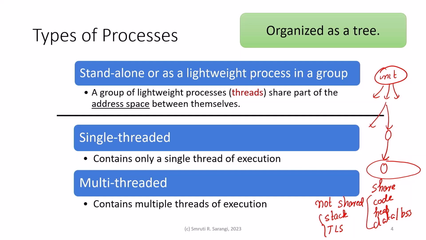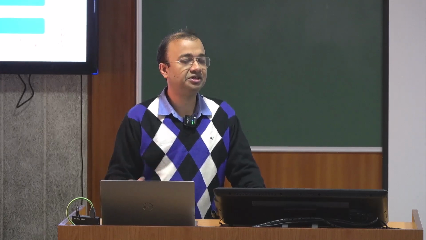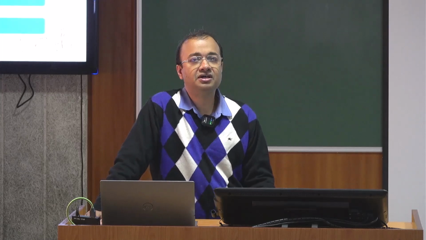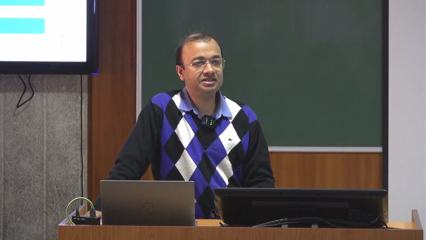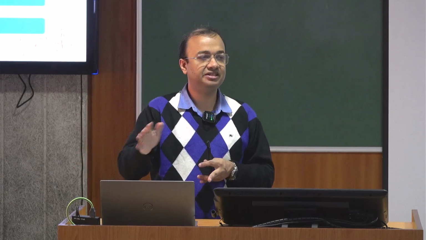A multi-threaded process is nothing but a set of processes where each process is a full process in its own right, but the OS maintains the information that it is part of a group, and certain memory regions are shared across groups and certain other resources as well, which may include CPU time depending upon the scheduler that is used.